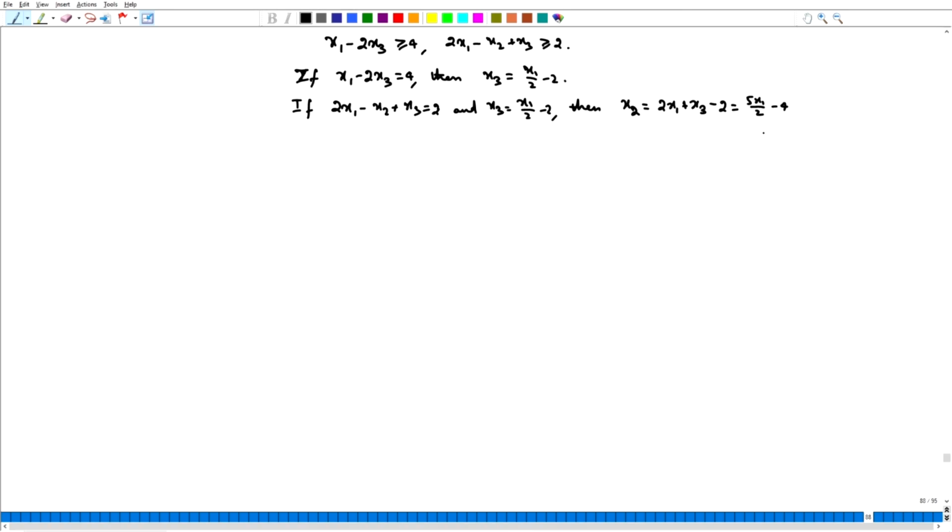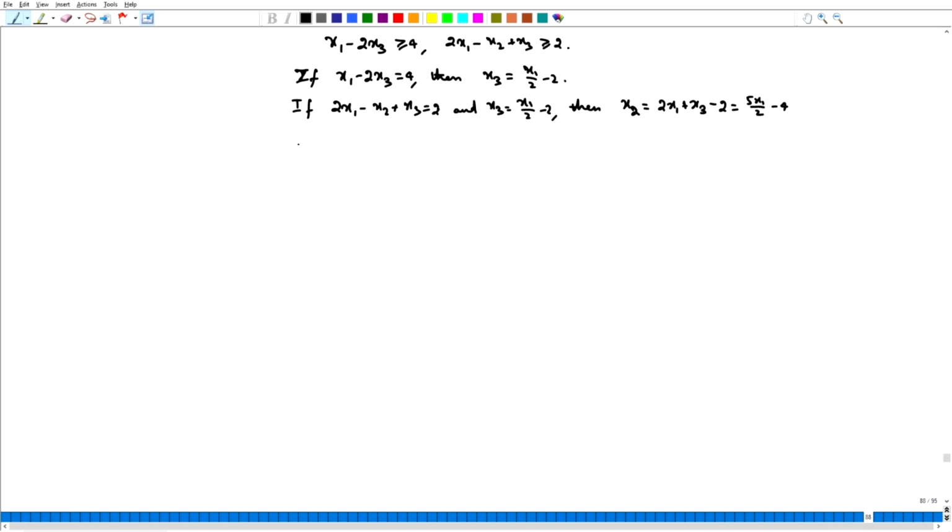Okay. So, note that this is actually a feasible point if x1 is large enough, right. In fact, if you put 4 here, this is equal to 0, and if you put 8 by 5, 8 by 5 into 5 by 2 is 4, so this will become 0 as well, right.